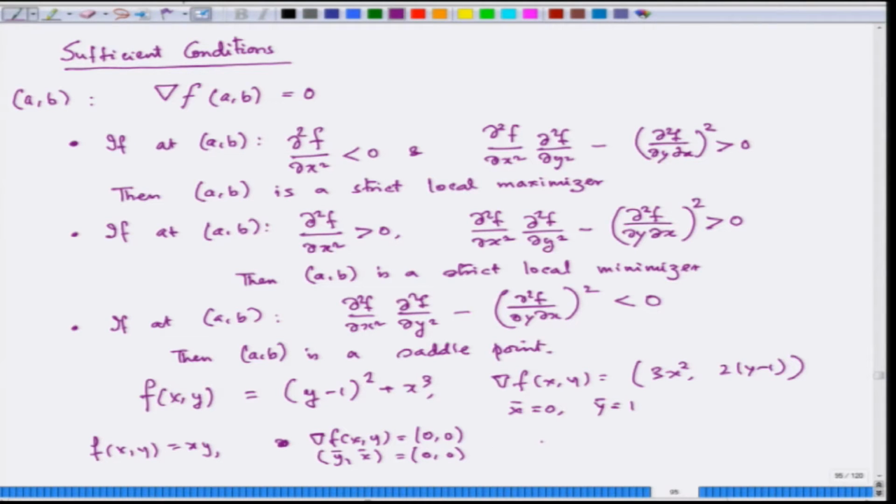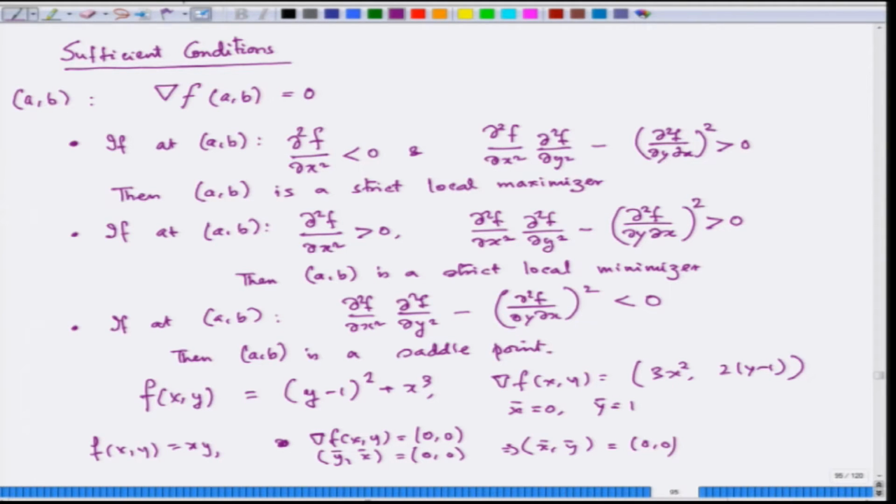Here you have y, here you have x. So here also you have (0, 0) as the critical point.